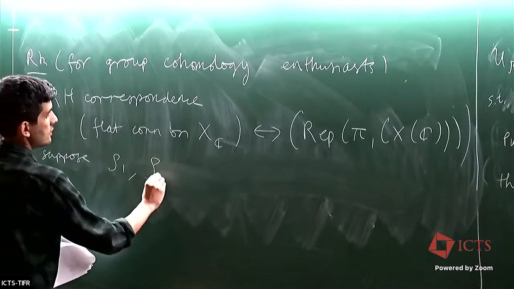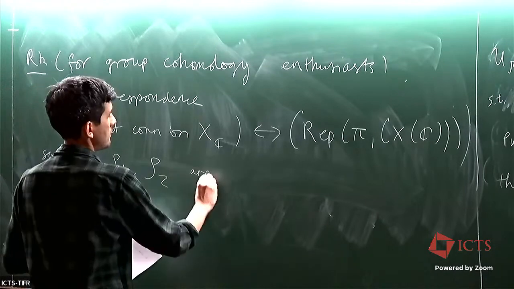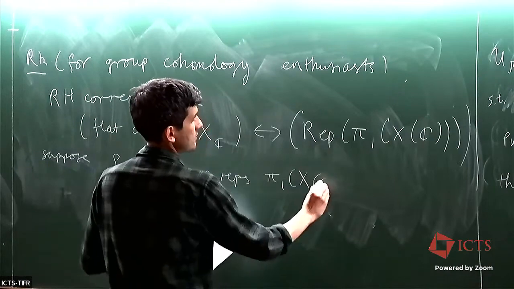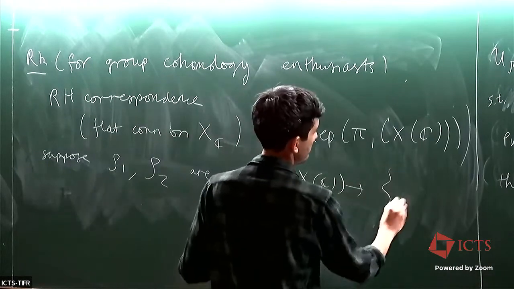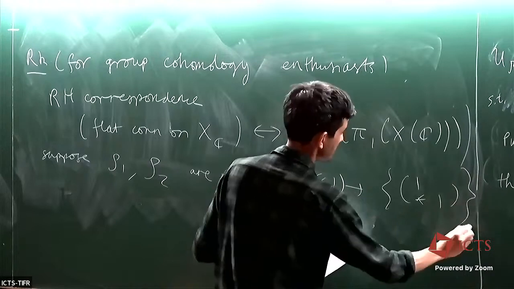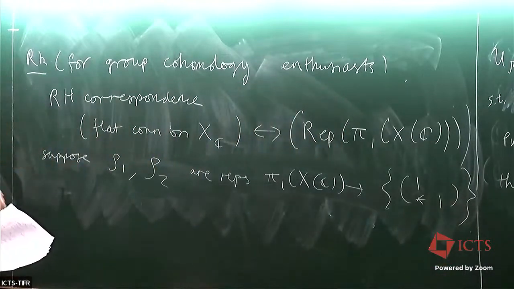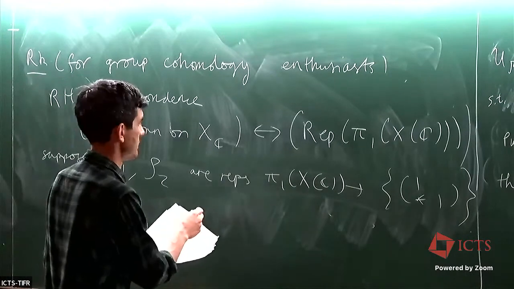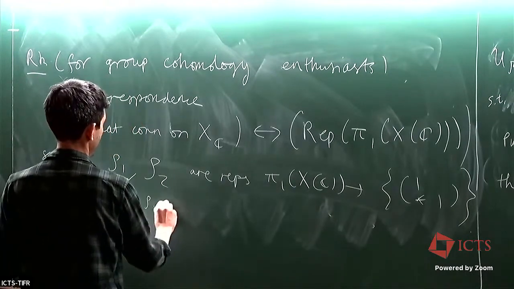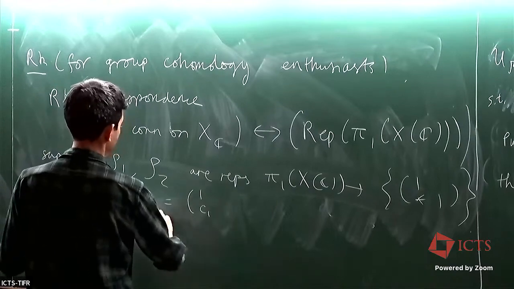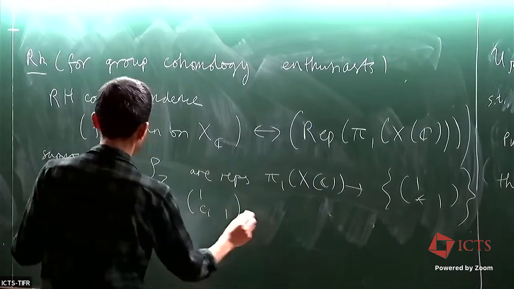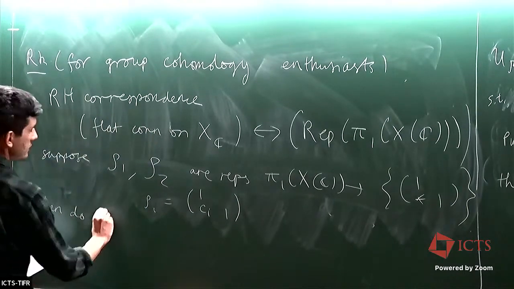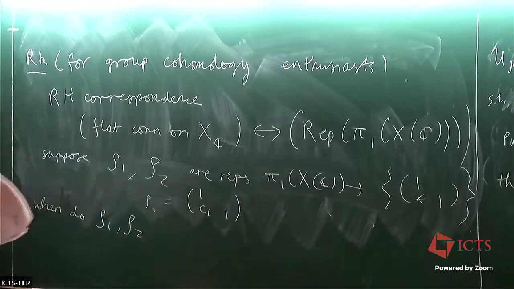ρ1, ρ2, which are representations from π1(X(C)) to lower triangular matrices. Let's just say that maybe I'll actually just write ρ1 as 1 and ρ2 as c2. Then when do ρ1 and ρ2 extend?